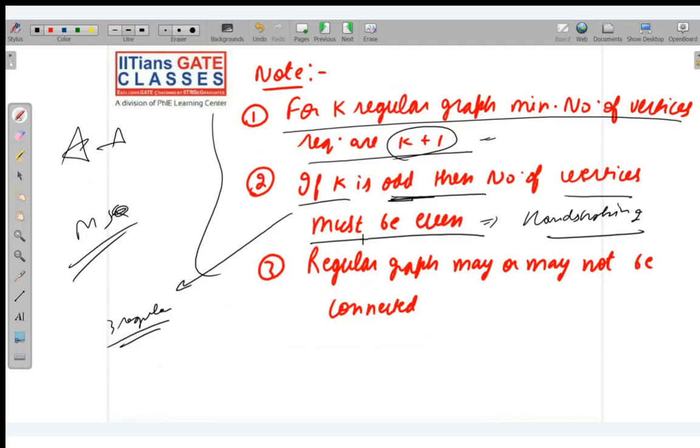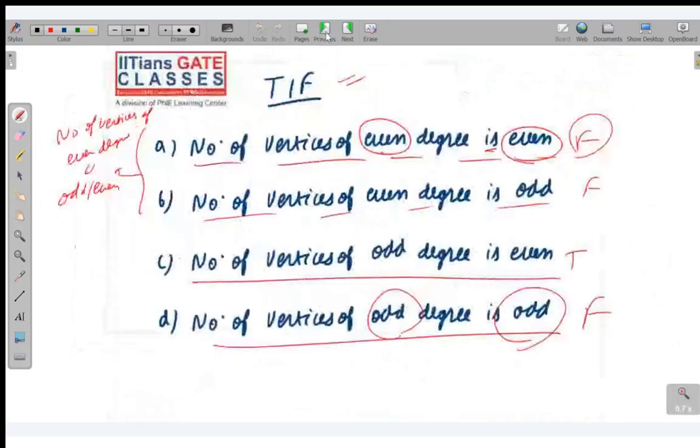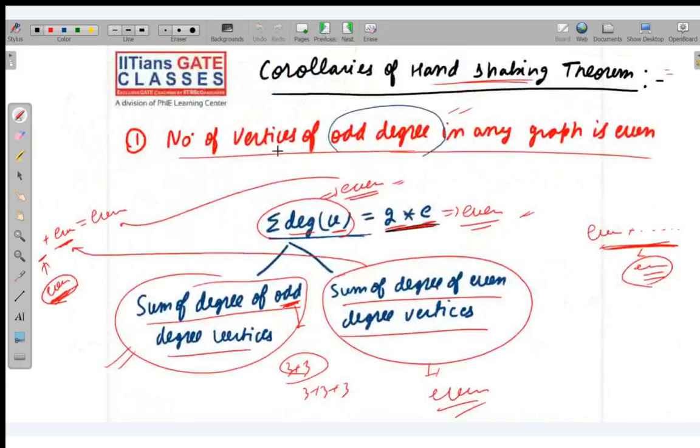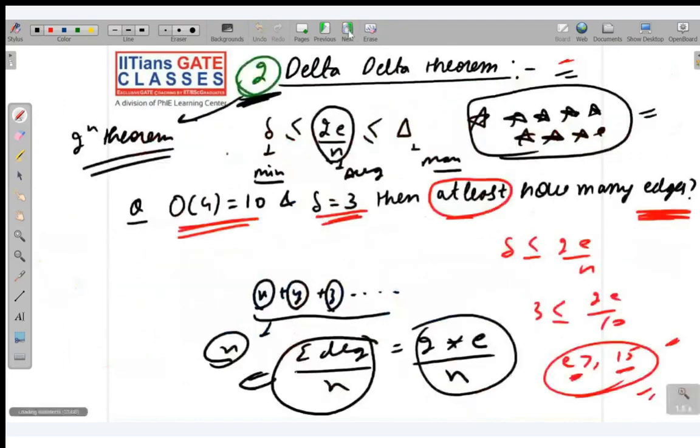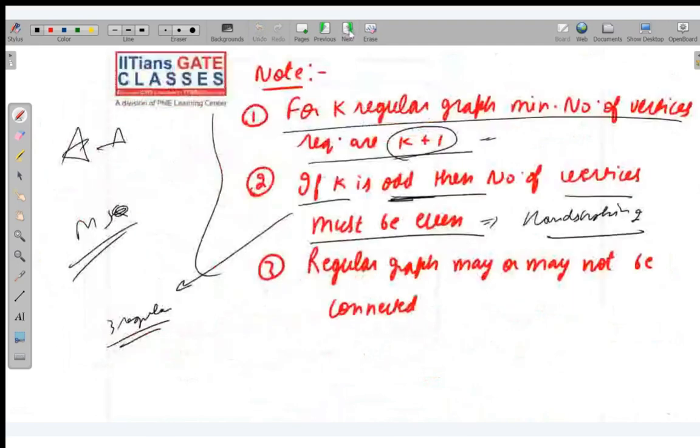Because 3 regular means every vertex is of odd degree. So the number of odd degree vertices in a graph is even. I have told you in handshaking theorem: the number of vertices of odd degree in any graph is even. For sure. So directly or indirectly, this is saying this only. So if k is an odd number, the number of vertices must be even.